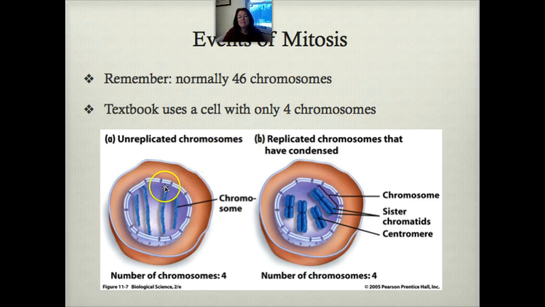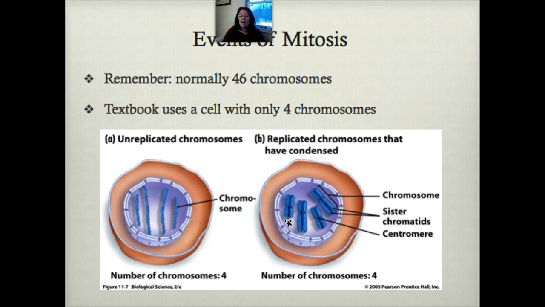And the way your book does it is they show 2 long chromosomes and 2 short chromosomes. So in other words, there's a pair of long chromosomes and a pair of short chromosomes. And when they get replicated or copied during the S phase, it looks something like this. 2 long chromosomes, 2 long chromosomes, 2 short chromosomes, and 2 short chromosomes.